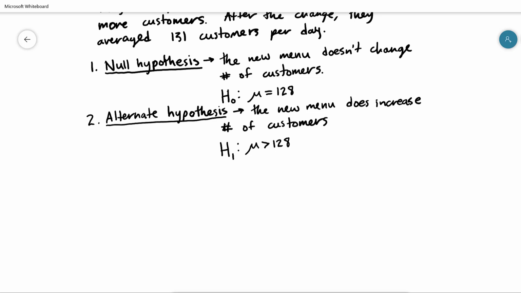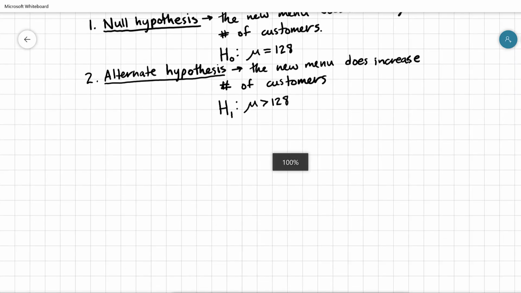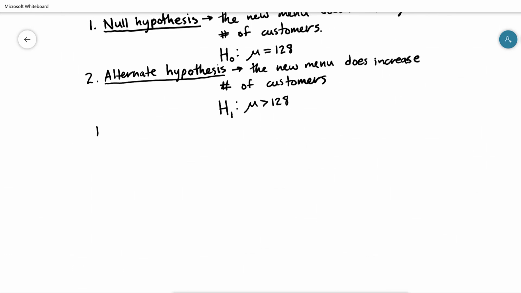So we'll practice this a bunch going forward. Okay, so in short, the null hypothesis typically means that it's the hypothesis that nothing changed.